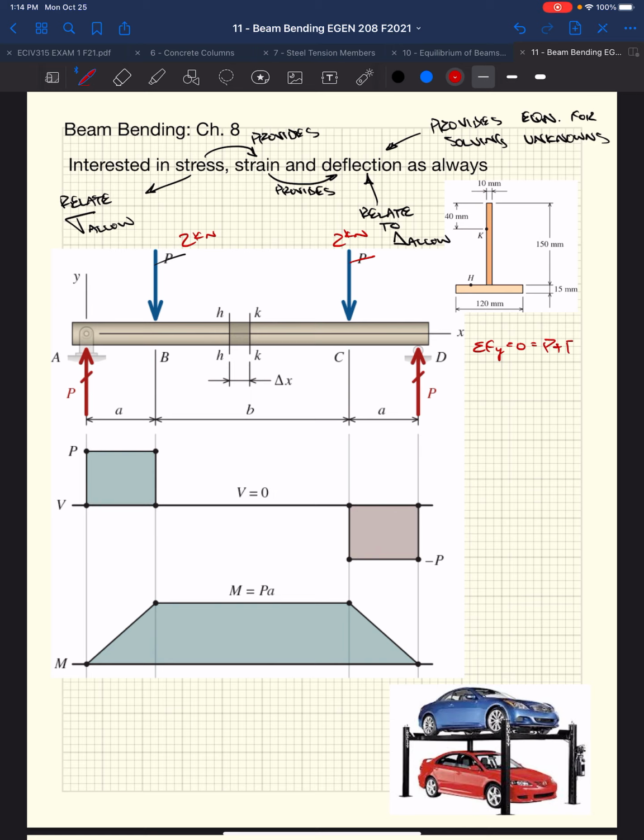We'd say P plus P minus 2 kilonewtons minus 2 kilonewtons. We could figure out what the reactions are, right? 2P equals 4 kilonewtons, or P equals 2 kilonewtons, right? 2 kilonewtons of reaction at D and 2 kilonewtons reaction at A.